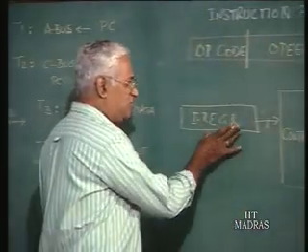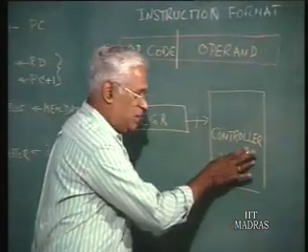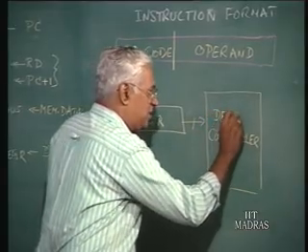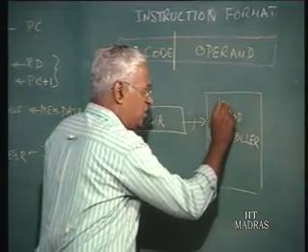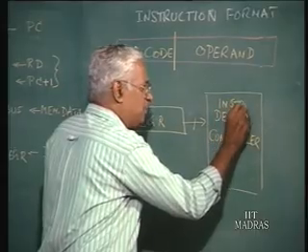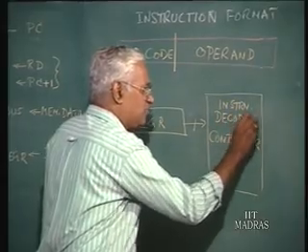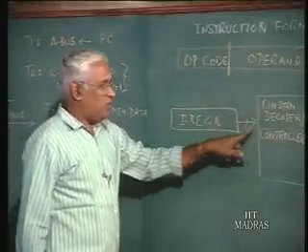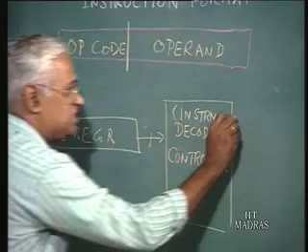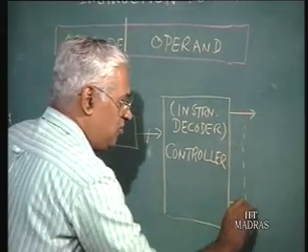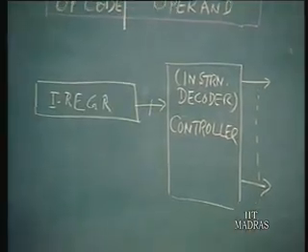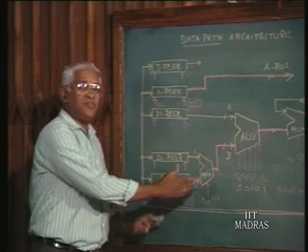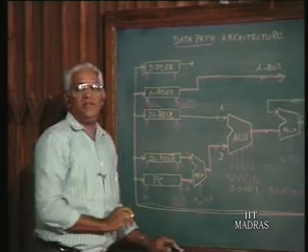So, the instruction register must go to the controller, which will include the appropriate decoding part, that is, I will call it the instruction decoder. So, this must be part of it, and once the instruction is decoded, the controller will generate the necessary signals once again to make sure that the different data paths are set up for that particular instruction.